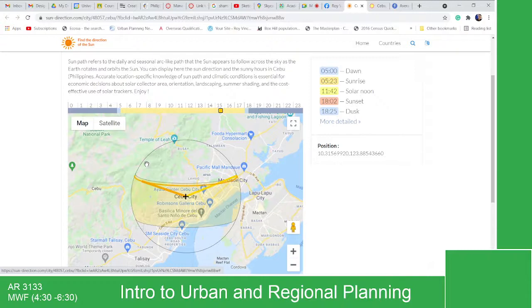So whenever you Google what is the hottest part of a building, without considering the Philippine context, they would say south. But that's because they're in the more northern countries like America, Europe, etc. But in the Philippines, specifically Cebu, our hottest area of the site is the northwestern side, or more northern generally.